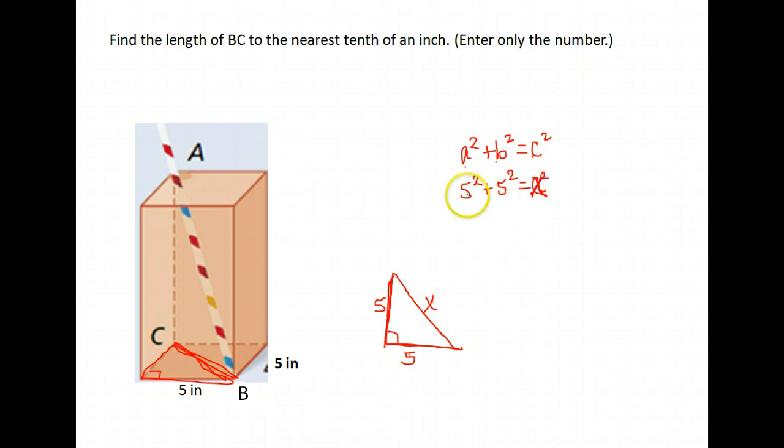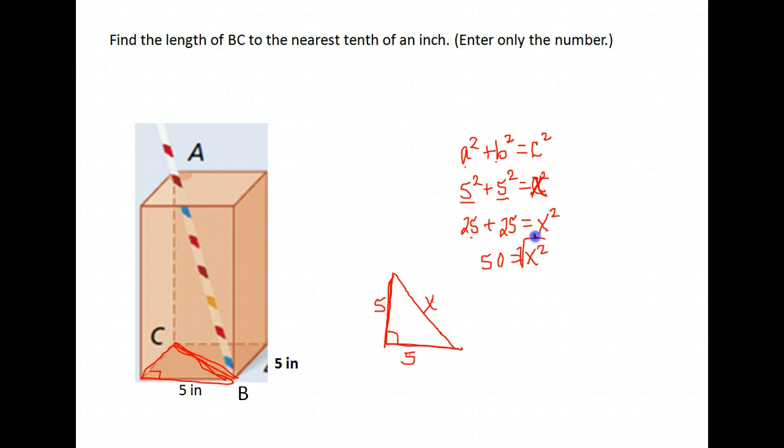Right, now we simplify a little bit, so 5 squared, 5 times 5 is 25, and 5 squared, 5 times 5 is 25, equals x squared. 25 plus 25 is 50, equals x squared, and then we need to just finish out and solve. How do we get rid of a squared?